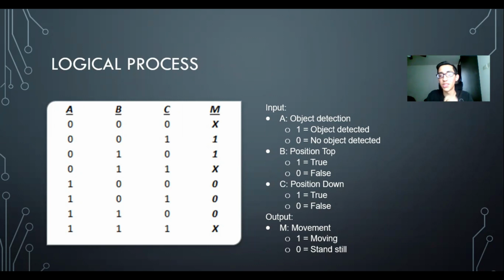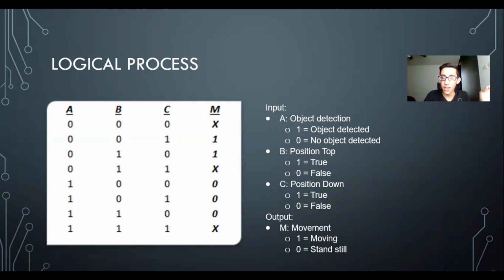The first input, letter A, the object detection, is going to be a logical 1 when the sensor picks up an obstacle. If it doesn't, then it will be 0. The first position sensor is for the fully open position. It will be a logical 1 when the gate is completely open, and 0 if it's anywhere not in the fully open position.